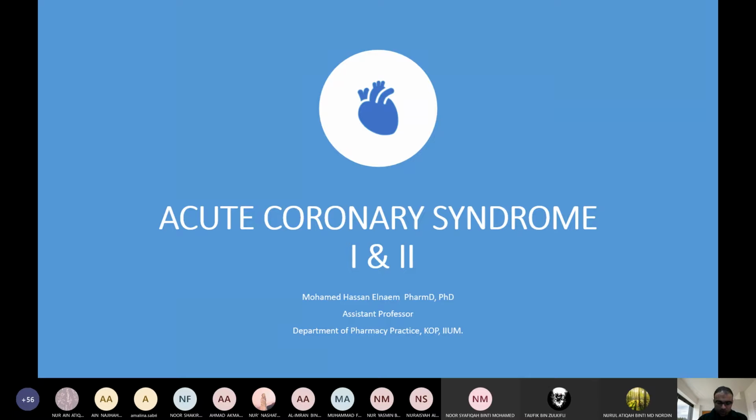And acute coronary syndrome, as we'll discuss today, is all about this: the lipid plaque is not stable and ruptures, and this rupture leads to accumulation of platelets and other components, and may lead to thrombosis that sometimes can be partial and sometimes complete.